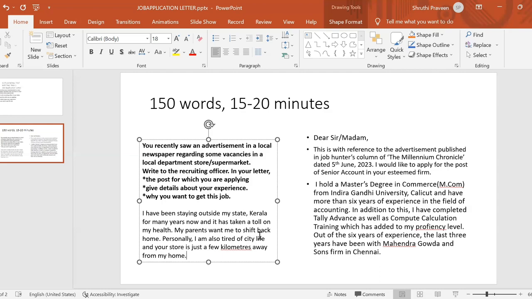Full stop. You can also conclude by saying this is the reason I am applying for the same. The same means whatever has been mentioned earlier.